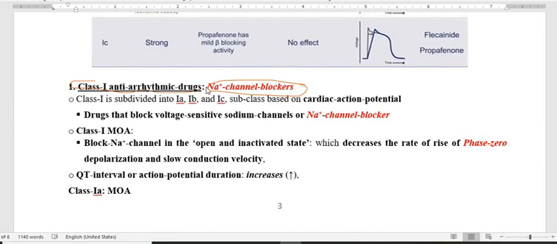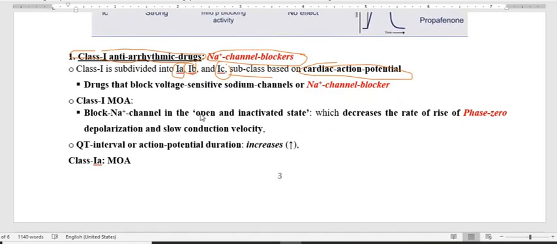What is important about this class 1 antiarrhythmic drug? It is divided into subclasses 1A, 1B, 1C, and this classification is based upon the action potential.